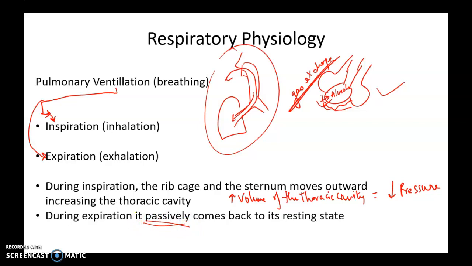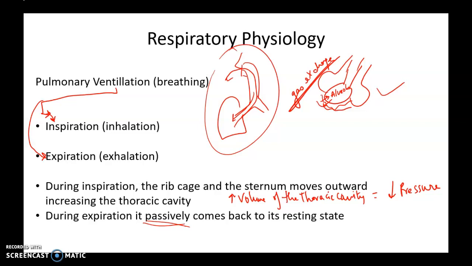Expiration is a very passive process, when the rib cage and the sternum and the muscles, everything comes back to resting state. Oftentimes students think that when there is inspiration, the rib cage and the sternum expand and the thoracic cavity volume is increasing, that's fine, and then during expiration, everything is contracting.